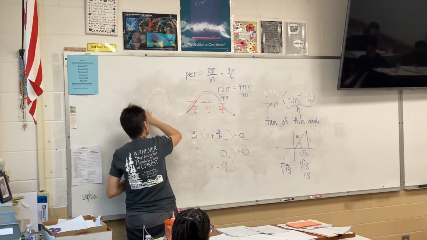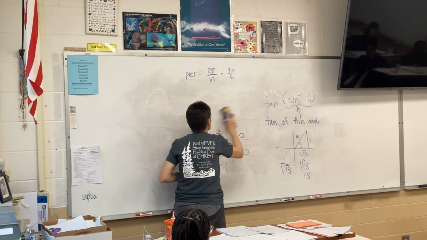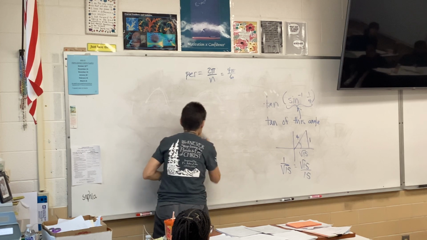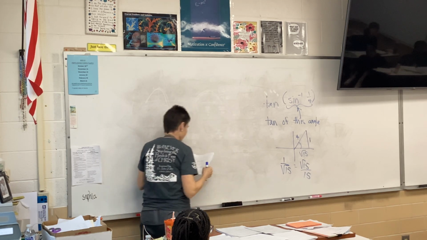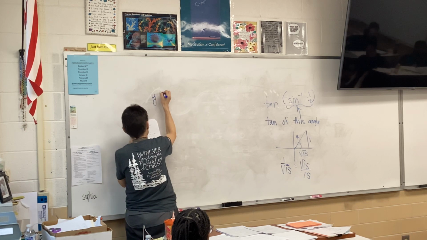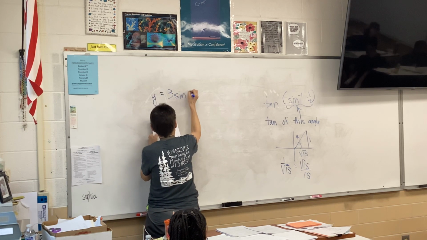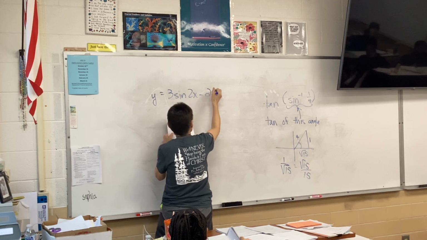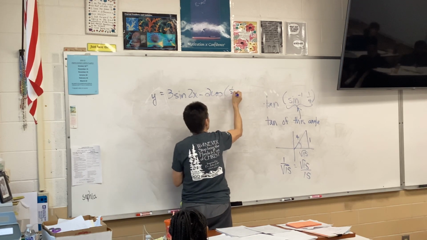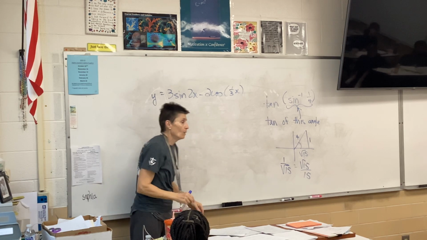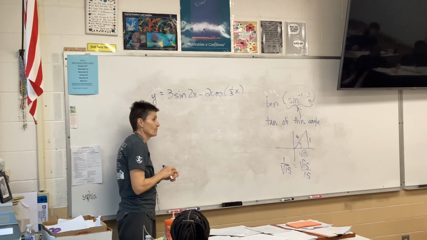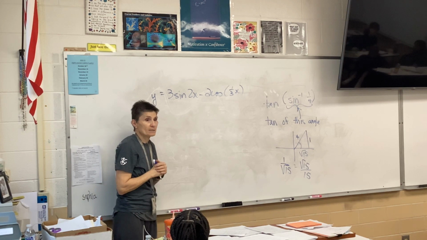The next one, this is like the problems where we said, is this sinusoidal? And what is its period? This particular question only asks for the period. Okay, so who remembers how to do this? What do we have to do?